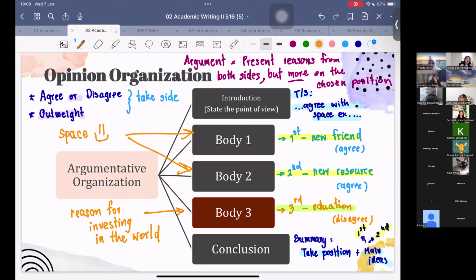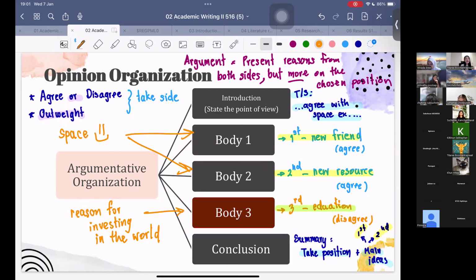And to start off with the introduction, as you can see, for argumentative, even though you're going to present reasons from both sides, you still take sides, you choose a position.